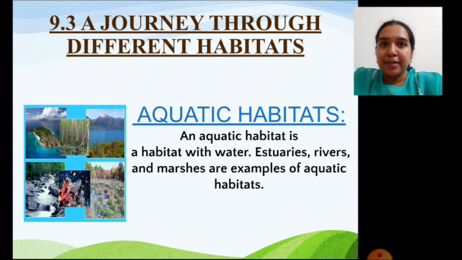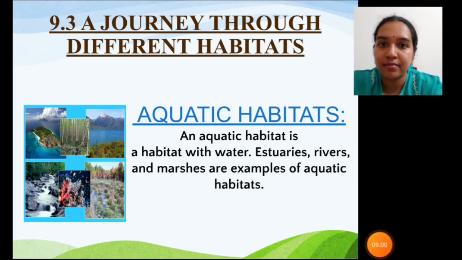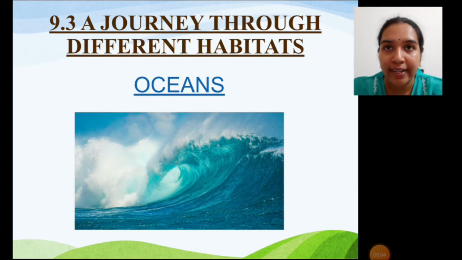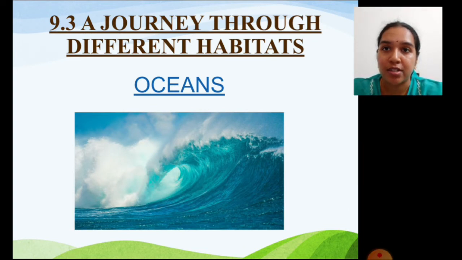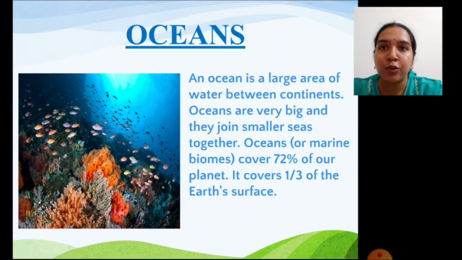Some examples of aquatic habitats are oceans or seas, rivers, estuaries, ponds, lakes, etc. In the aquatic habitats, let us begin learning with the oceans. What is an ocean?